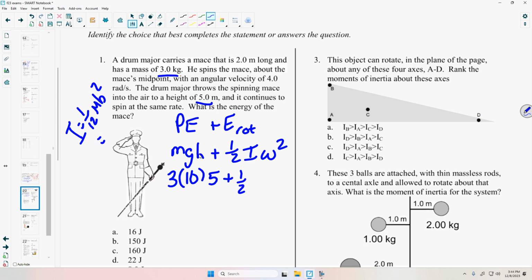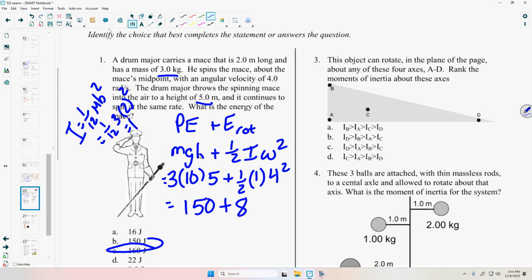It's 2 meters long and 3 kilograms. 1/12 of 3 times 2 squared, that's 3 times 4 over 12, that's 1. It's convenient. And then omega is 4 radians per second. So that gives me 30 times 5 is 150, plus 1/2 of 16 is 8. 158, or 160 joules.